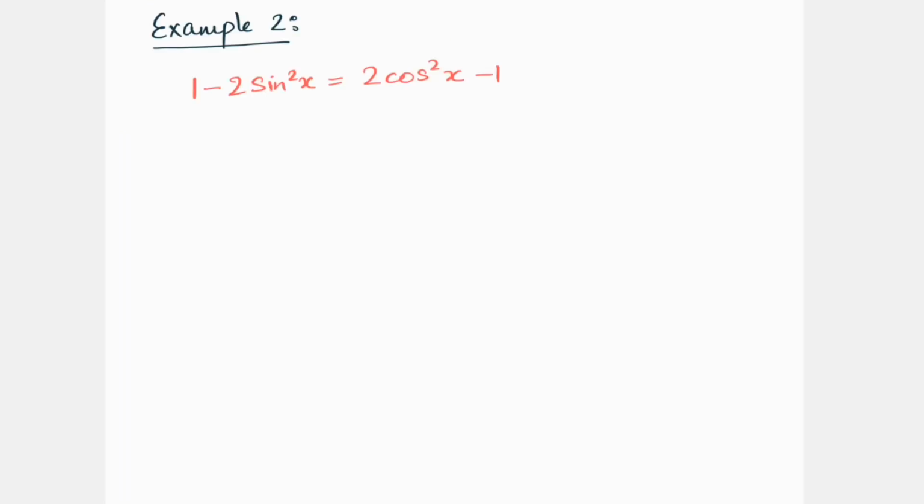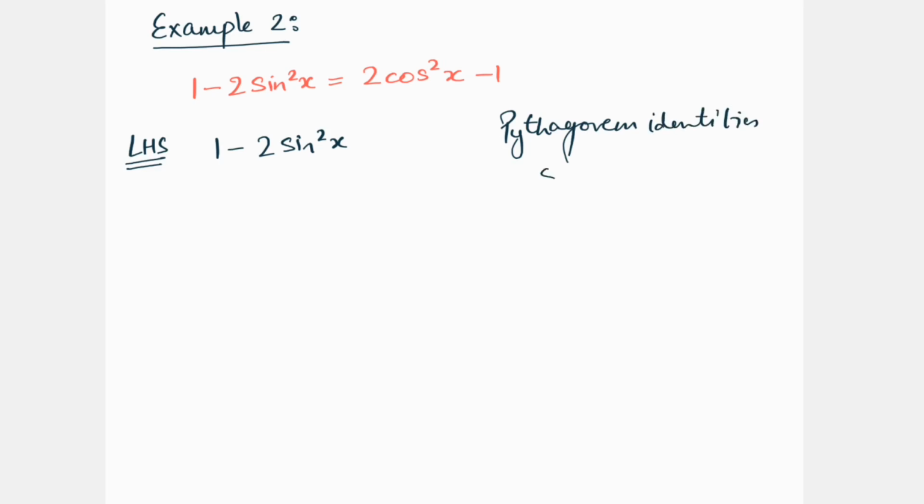So here is our question number 2. Again we have left hand side and right hand side, so we'll start with the left hand side. We have 1 minus 2 sine square x. Now we have just done the Pythagorean identity, and that was sine square x plus cos square x equals 1.